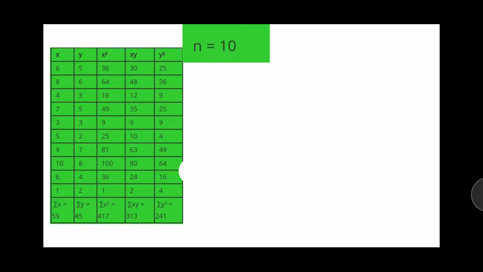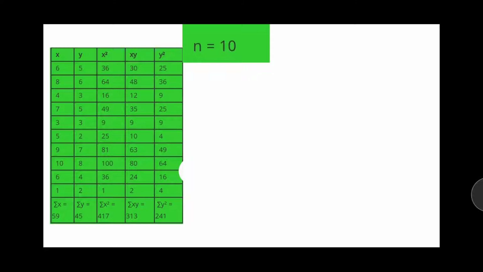Let's see, and n will be equal to 10. We're going to apply the formula we established just a few minutes ago. Why is our n equal to 10? Because if you count the number of values of x and y from the beginning to the end down the column, we have 10 values, so n is equal to 10.